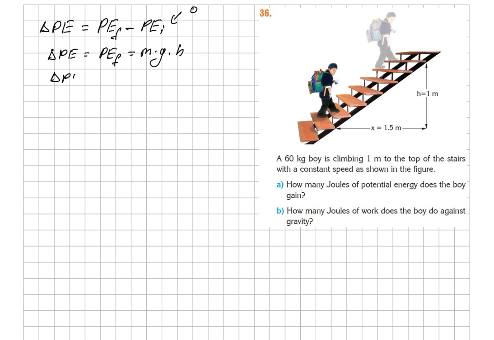So delta PE is equal to 60 times 10 times 1, which is 600 joules. That is the answer for A. And B, how many joules of work does the boy do against the gravity is the same. Work done by the boy is just 600 joules.